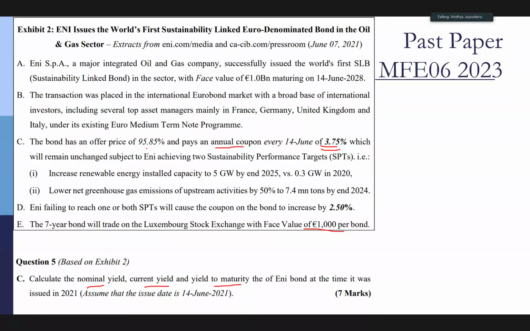And offer price, the price that this bond starts trading at, is 95.85% of face value, right? This is the starting price. So what is the price of this bond at the time of the IPO, at the time that it is issued? It is 95.85% of 1,000, which is 958.5.